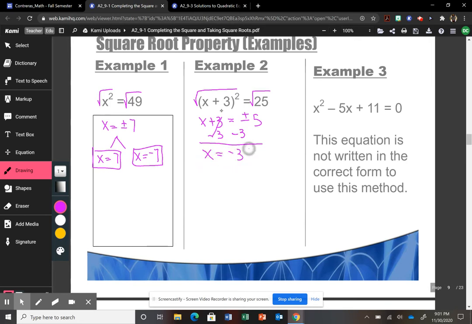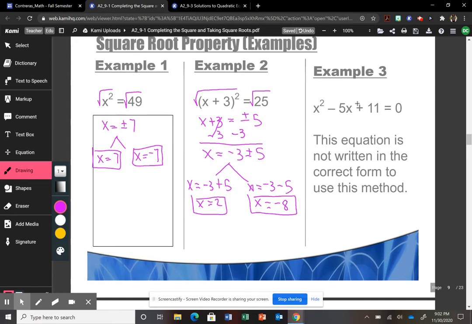That means we have -3 plus or minus 5. So our two solutions: x is equal to -3 plus 5, and x is equal to -3 minus 5. Okay, then I can just simplify here. So x is equal to 2, and x is equal to -8.